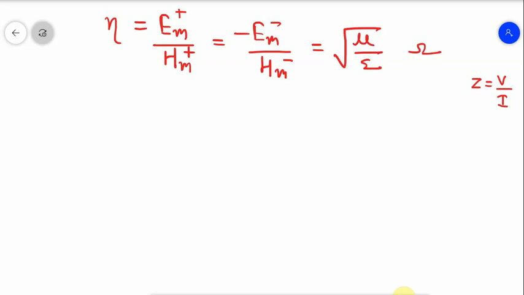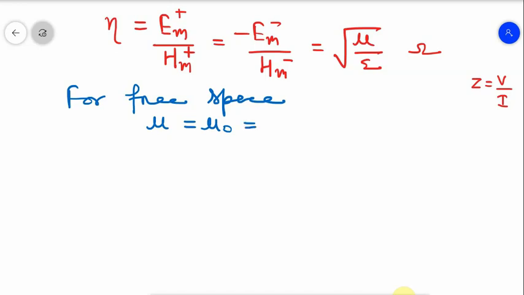Okay, so if we talk of free space, what is the value of mu and epsilon? For free space, mu is equal to mu 0, and the value is 4 pi into 10 to the power minus 7 per meter.